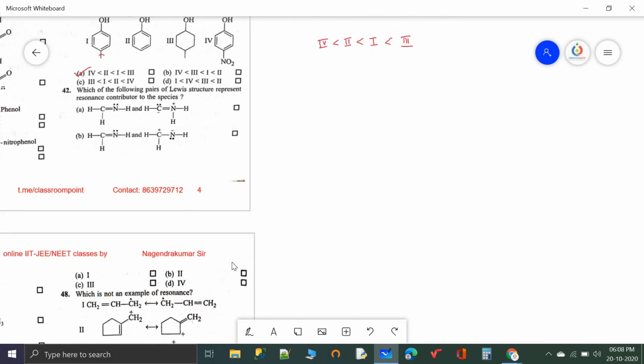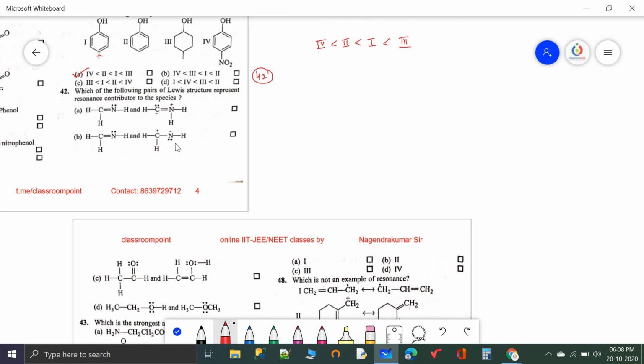Now let's see question 42. In this question, options A, B, C, D are like this. Which of the following pairs of Lewis structures represent the resonance contributors to this species? They are asking which of the following are actually resonance structures.